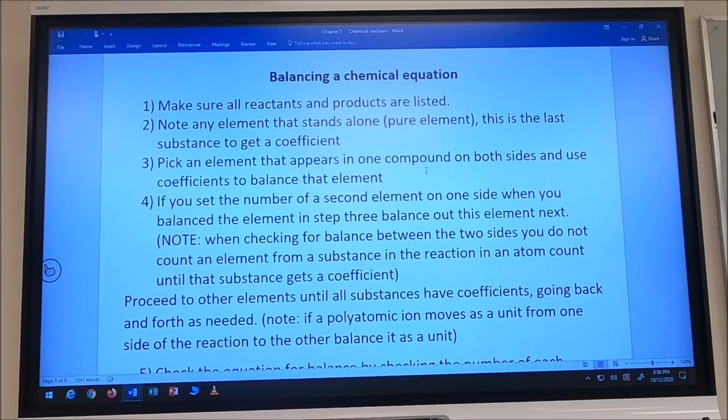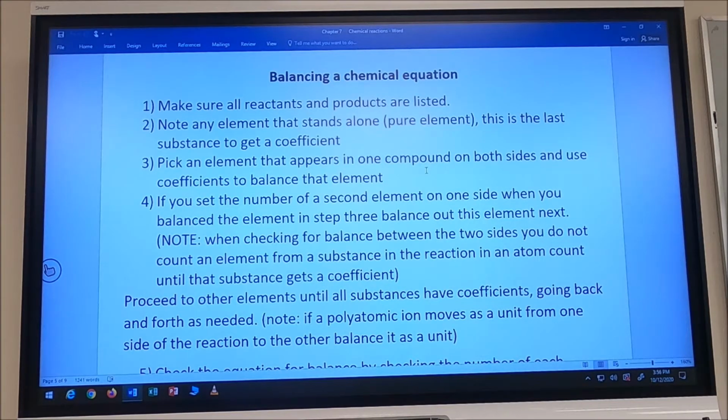I want to pick an element that appears in one compound on both sides and assign coefficients to those two compounds so I balance out that element. If you set the number of a second element on one side, then go and balance that one on the other side. And then if that sets an element, you go and balance on the other side. You're going to go back and forth balancing elements until everything's got a coefficient and everything's balanced.